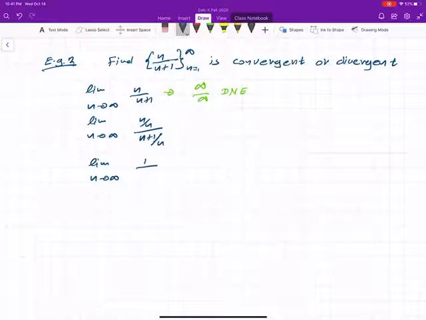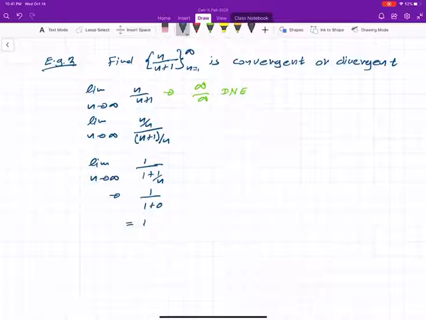I get 1 in the numerator and I get 1 over 1 plus 1 over n in the denominator. Now let's check whether you can apply the limit. If you apply the limit, what you get here is 1 over 1 plus 0, which is just 1.